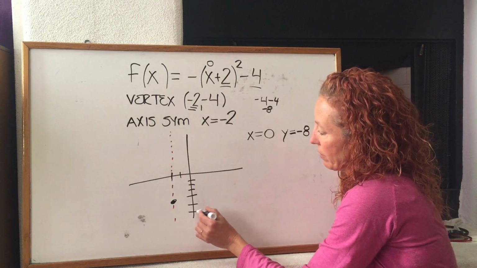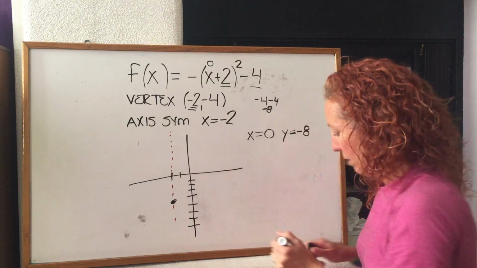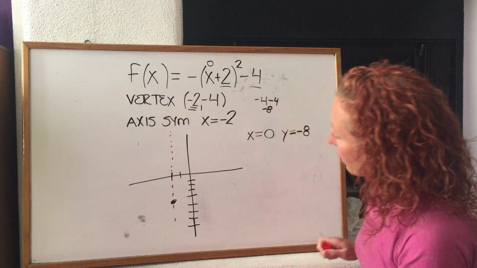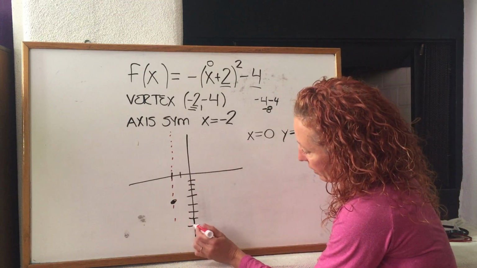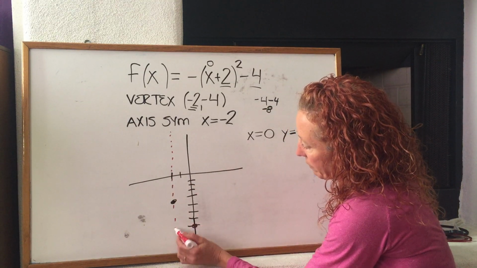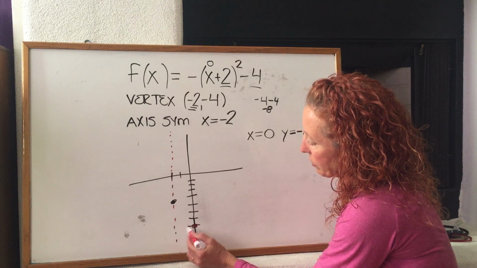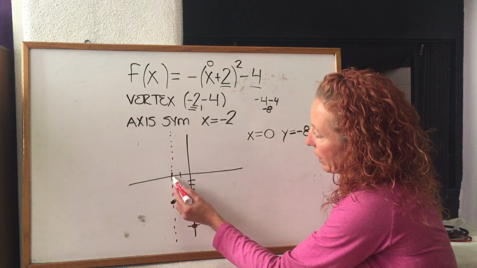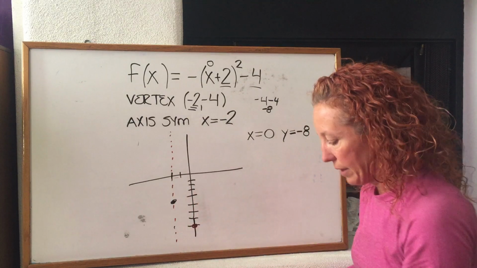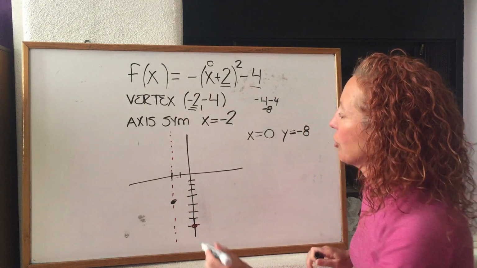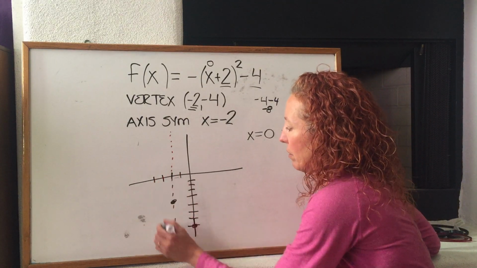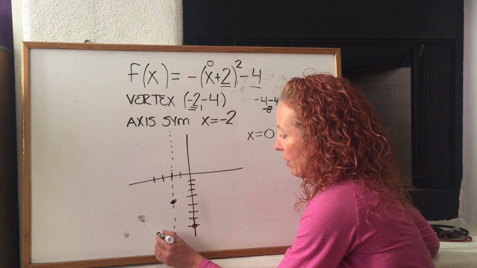So I'm going to just come over here. So negative 8 is right there. It seems to me that this is 2 spaces between -2 and 0. So there has to be a match on the other side. So there has to be a match right there.